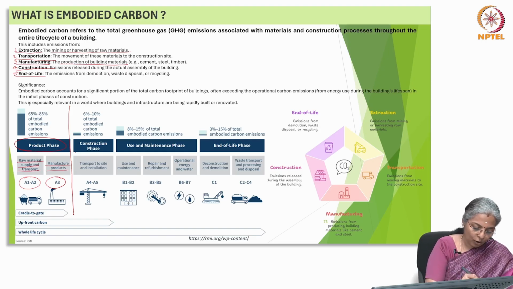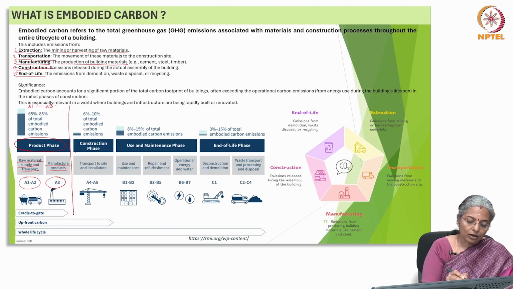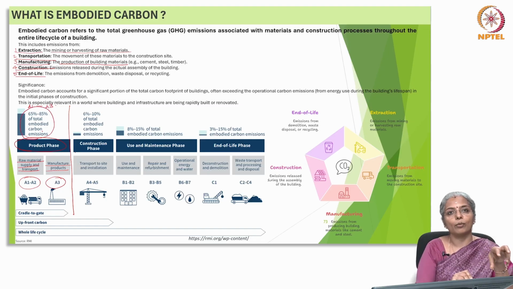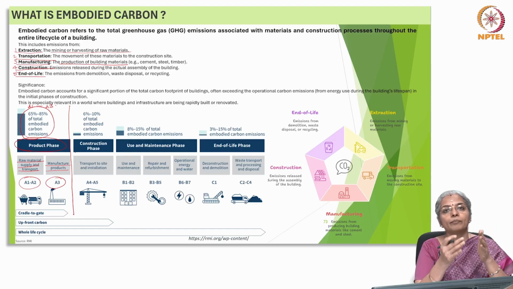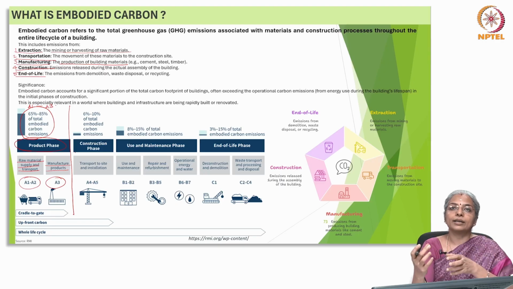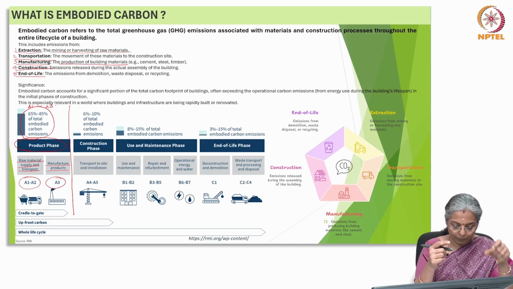That comprises what we call A1 to A3, and almost 65 to 85% of the total embodied carbon emission happens in this phase, where you go to the mine and extract, say, iron ore or bauxite, and then transport the whole thing to the factory. That itself will give about 65 to 85% of the total carbon emission of that particular product.